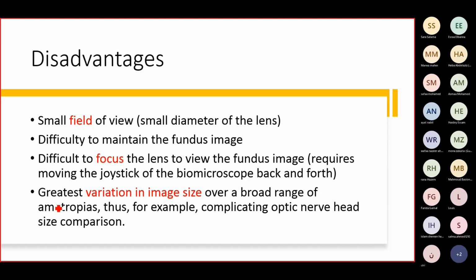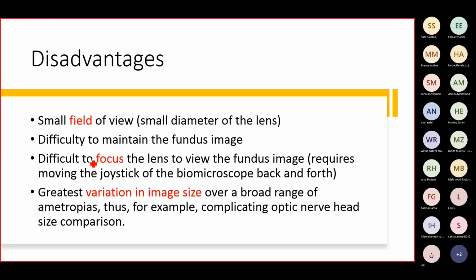As you will see later on, something like the indirect ophthalmoscope is not affected by the ametropia of the observed eye. So if the patient has high myopia or high hypermetropia, the image size is not affected. This is not the case with the ruby lens. Here, if the patient is hypermetropic or myopic, this will cause variation in the image size. Okay.